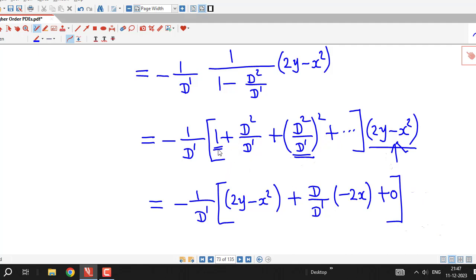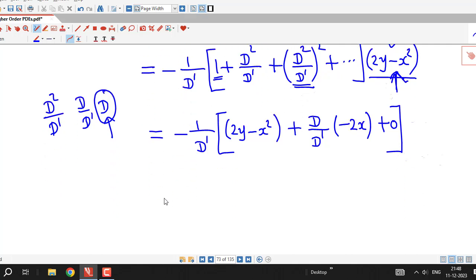Okay, again I repeat, first we apply 1, that is 1 into 2y minus x square. This D square by D dash I have written as D by D dash into D, and I am operating only this part D, that is partial derivative of this function with respect to x. So y is constant, so 0 minus derivative of x square is minus 2x, and here we have D to the power 4 in the numerator, that is the fourth order derivative of this function with respect to x, that becomes 0.